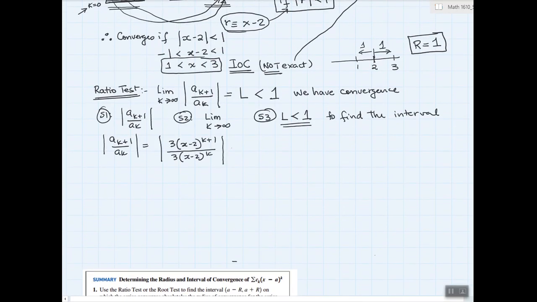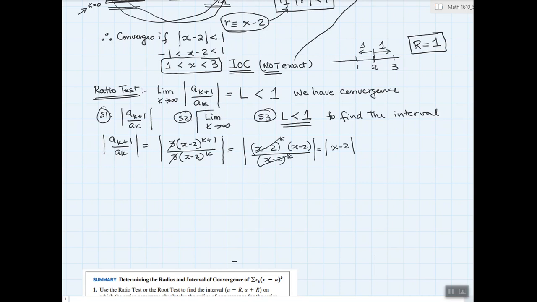Now this is simple algebra. 3 and 3 cancel, and I can write it once: (x minus 2) raised to the power k times (x minus 2), divided by (x minus 2) raised to the power k. So this and this cancel, and I'm left with x minus 2.